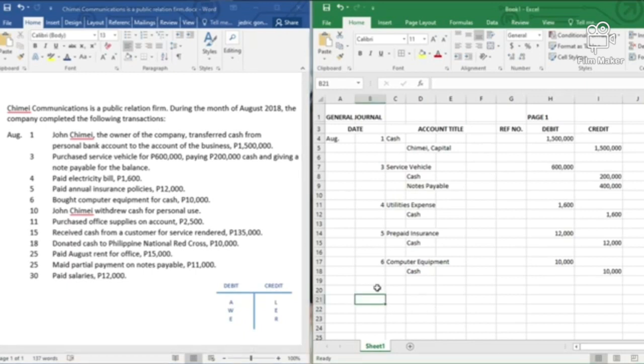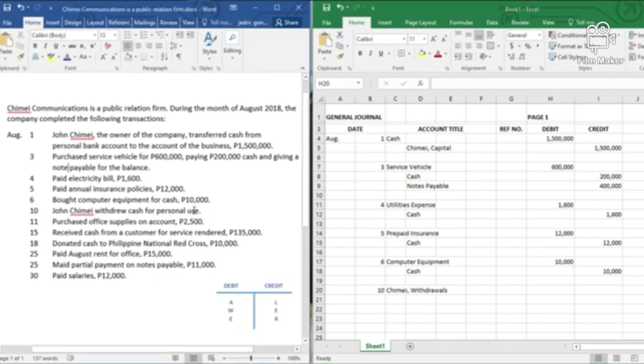So, let's journalize. This is August 10. Nag-withdraw. So, Chimmy withdrawals. How much ang withdraw? Wala akong nailagay.